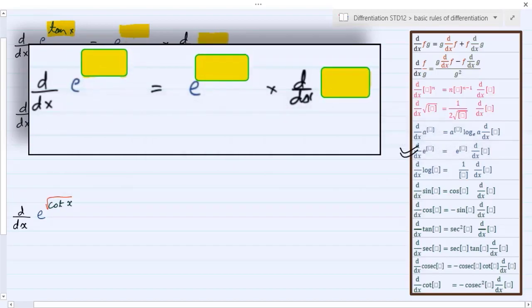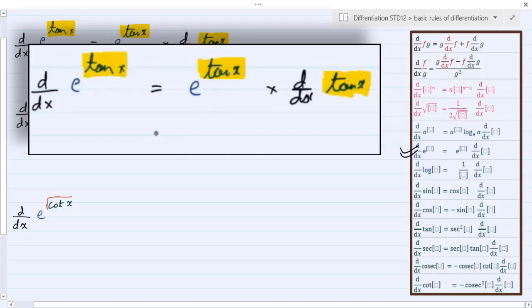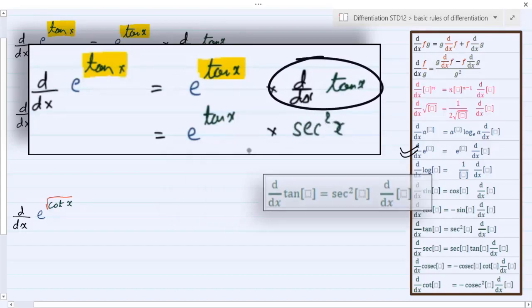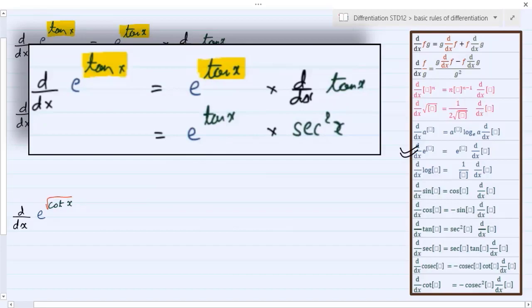And within the box, we have 10x, right? So this e raised to 10x will be as it is. We just have to focus on differentiation of 10x, which is nothing but sec square x. So ta-da! E raised to 10x into sec square x is your final answer.